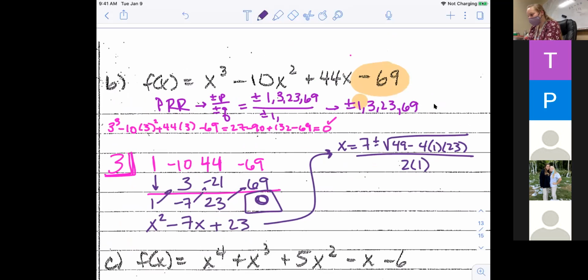All right. If I did 49 minus 4 times 1 times 23, that's going to give me -49. You guys trust me on that? Yeah, you're not going to argue with me on that? For real?